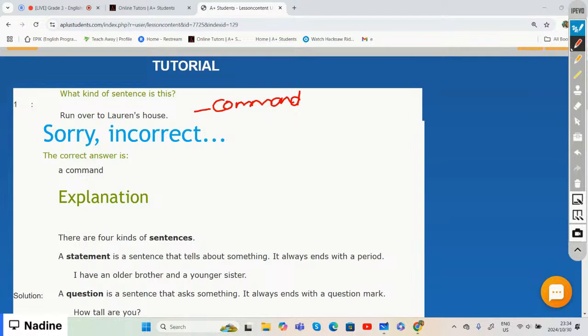That is a command. They are telling you what to do.